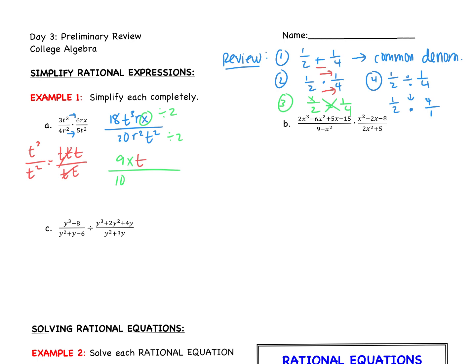Okay, and so then if we look at our r, we have r and we have r squared. r squared means there's 2 r's. So we are left with 1 r in the denominator. Again, we just subtracted. 2 minus 1 gives us 1 in the denominator. That can't be simplified anymore, so this is our full answer.